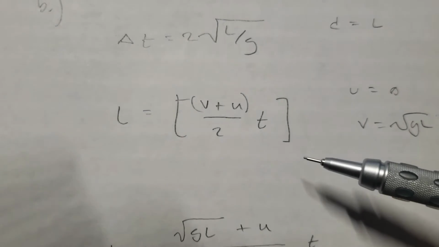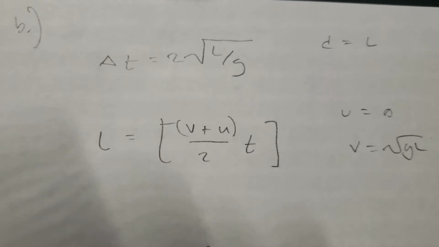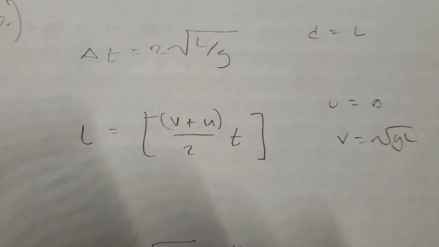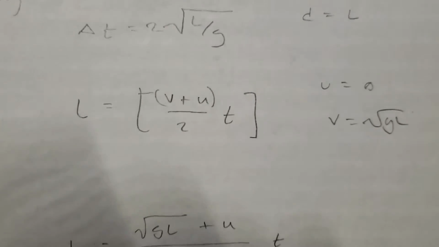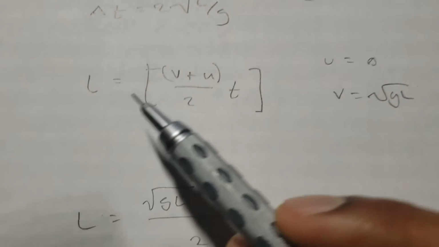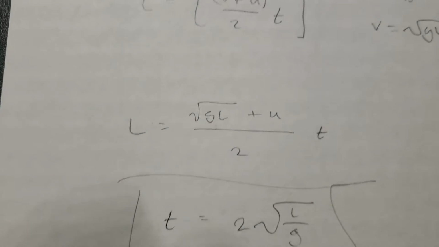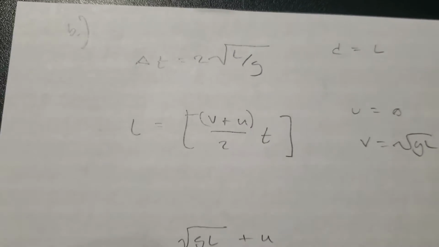We know that the distance traveled by a wave is L equals v plus u over 2 times t. Then breaking that down with what we just did in part A, we know that v is equal to the square root of gL.